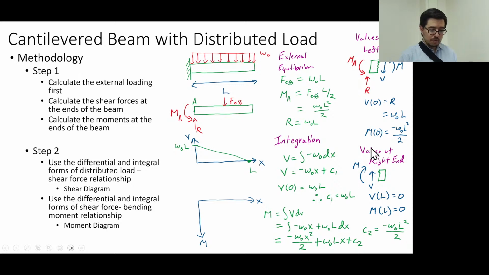Well, we plugged in 0 for the shear force up here, and that wasn't particularly helpful in telling us what C1 is, so we had to plug in L, and then that was helpful. And if we plug in 0 here, we do have a quantity. So M of 0 is helpful for calculating this one out. Okay, and then we have it like that.